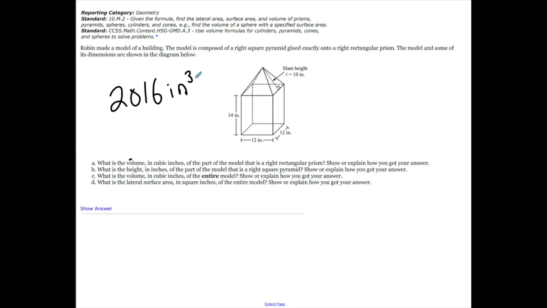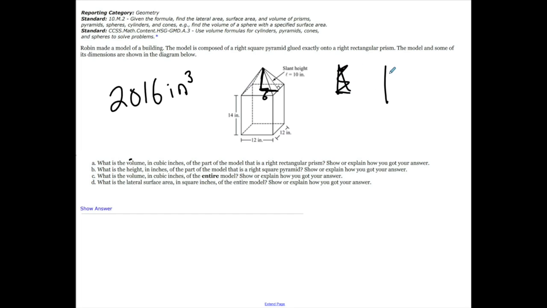Okay. Now, we need to figure out the height of this pyramid, right? That's not easy. But let's see what we can do. What we know is that the entire length of this is 12. So if we can imagine this being split in half, as we've seen before, this part is 6.